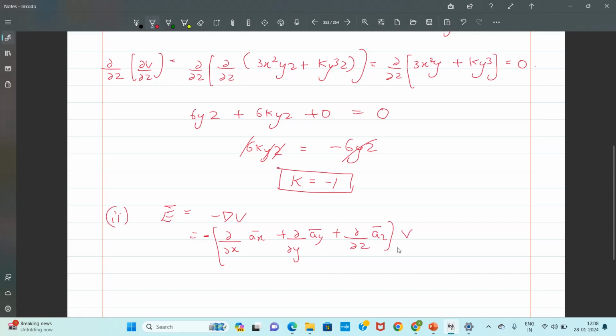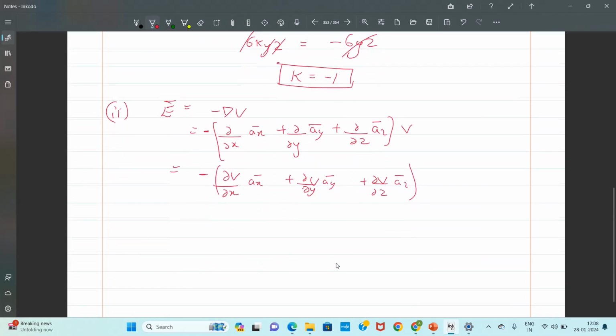Now this is multiplied with V value. Okay, so if I open bracket and multiply, it becomes dou V by dou x ax plus dou V by dou y ay plus dou V by dou z az. Okay, a common minus sign outside.